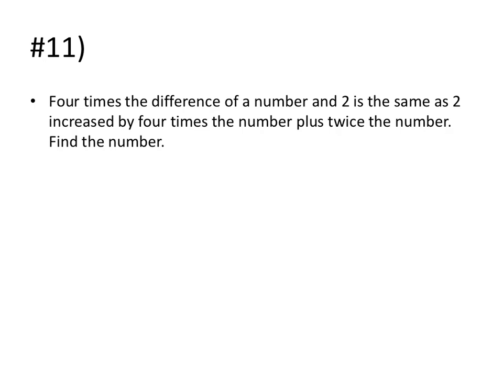All right. Number 11. 4 times the difference of a number and 2, so x minus 2, is the same as 2 increased by 4 times the number plus twice the number.